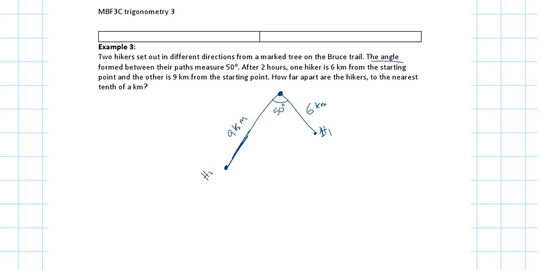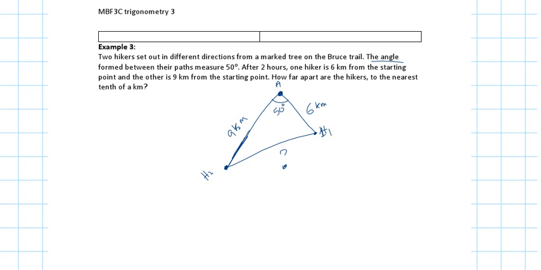The question is, how far are they apart? So I'm looking for this. What scenario do I have here? Two sides and which angle? Contained angle. So I'm looking for side a.